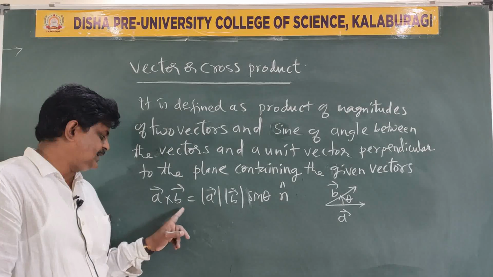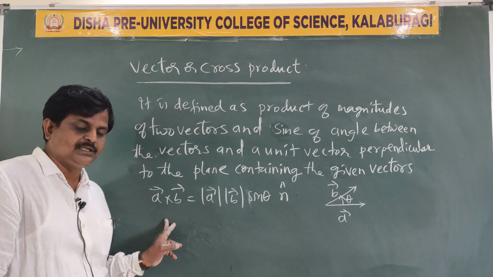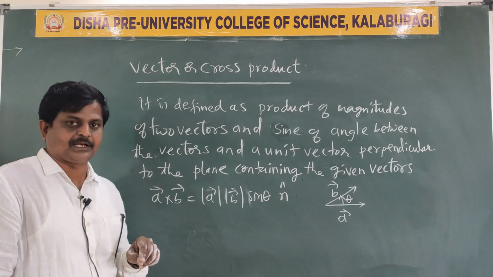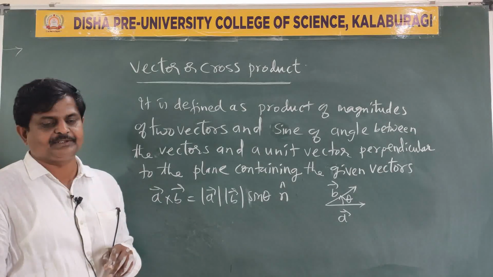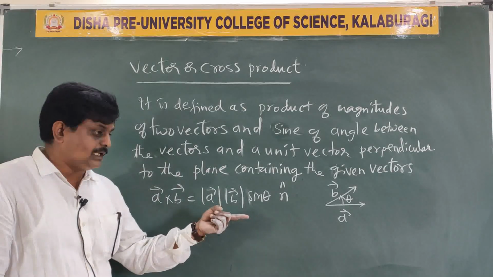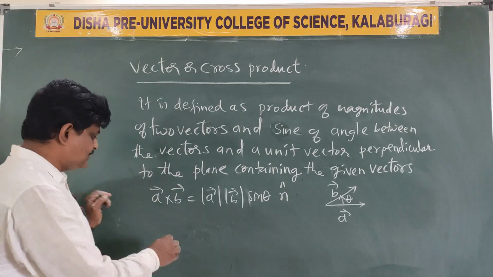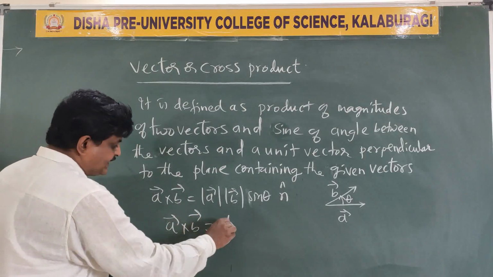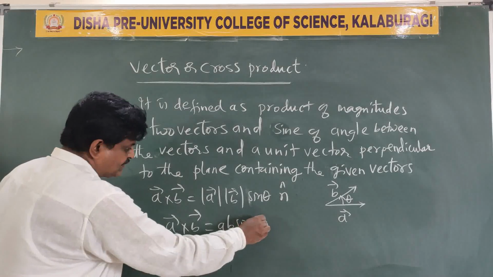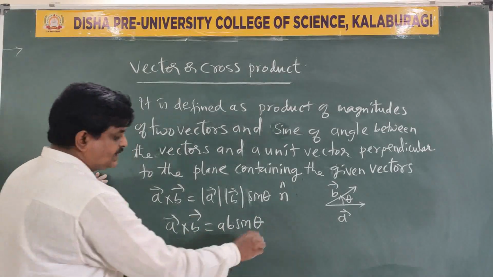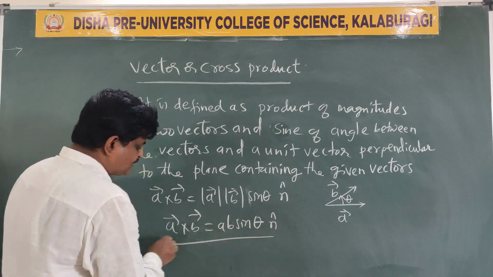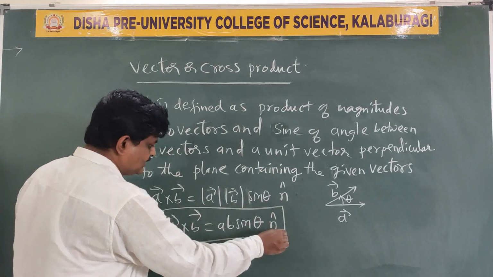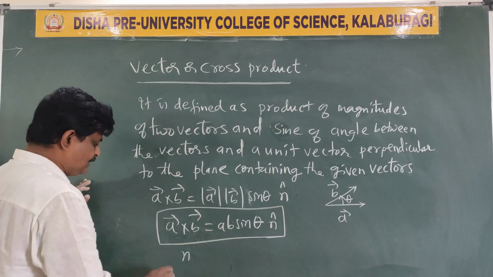Because when you operate two vectors under cross, you get a result as a vector, and that vector must have a direction, no? Not only direction, even magnitude also. So which part of the expression corresponds to magnitude? This one, AB sine theta, and the n cap corresponds to what? Direction. Agree? Where n cap is a unit vector.